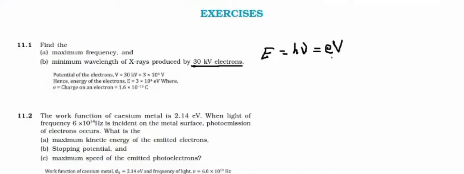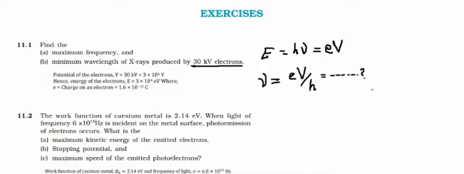Actually we have to multiply the voltage by e to convert in terms of energy. Now you can cross multiply the equation so that you will get nu is equal to eV divided by h. Substituting the values, you will get the maximum frequency.